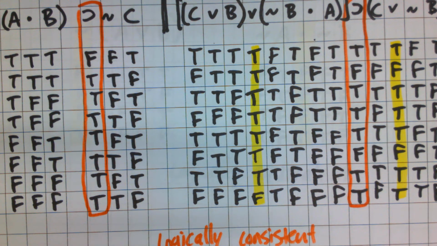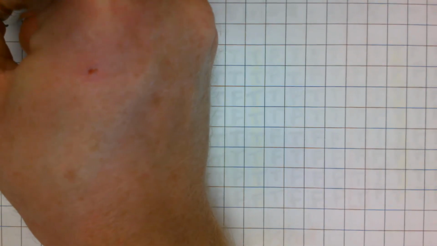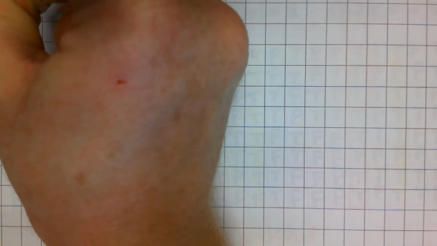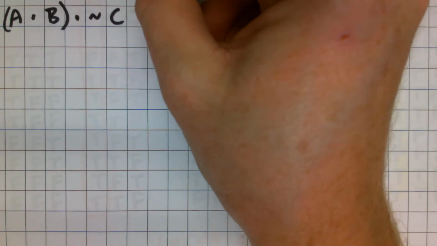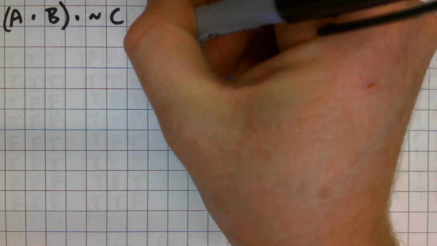Let me now demonstrate a logically inconsistent set of formulas. So I'm going to start with, it is both the case that both A and B and not C. That's my first proposition.